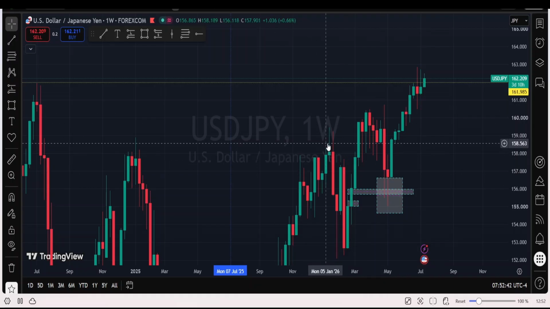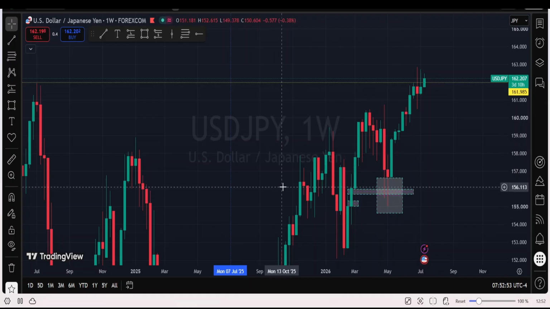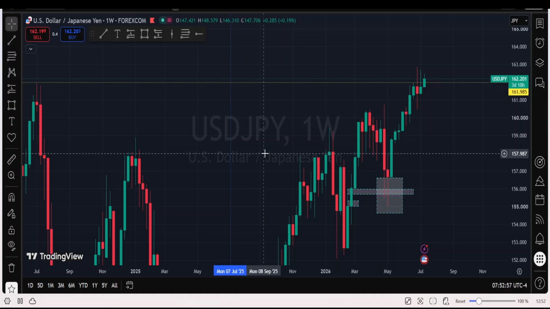So this is not saying this is a continuation of an uptrend or that the trend is changing. Everything we're going to be using this chart for is purposely for this class. Thank you for understanding.